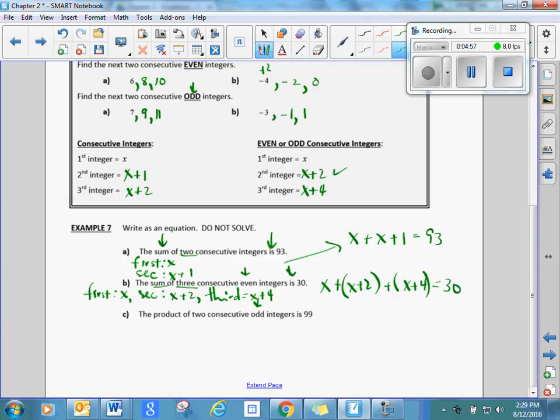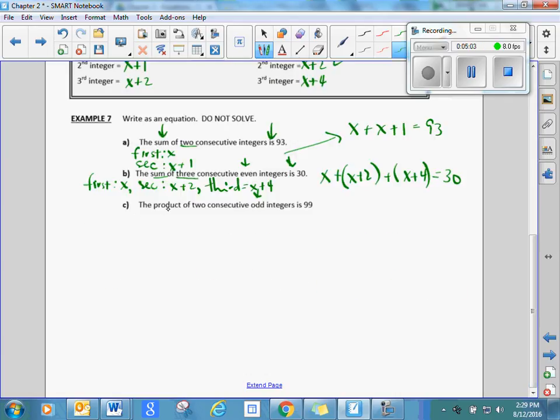Now we'll skip down to this last one. And now we're talking about consecutive odd integers, and we're talking about product, which of course is the math operation of multiplication. So now we've got the first integer being x.